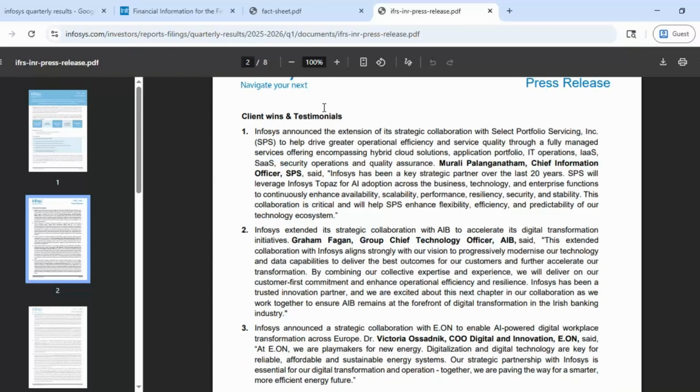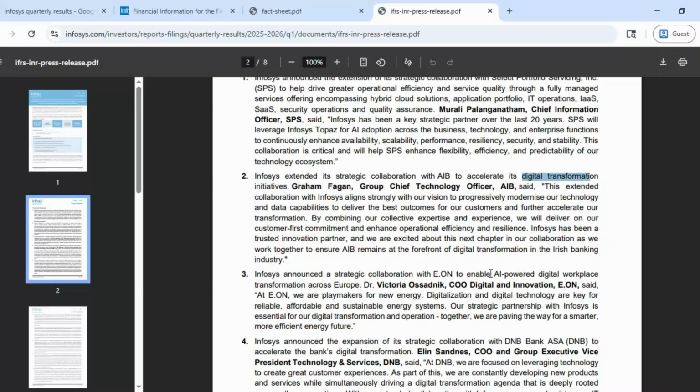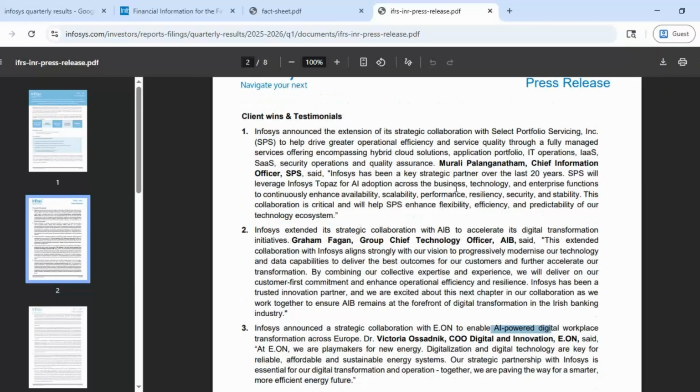Here they have client wins and testimonials. You need not read everything, just skim through it. Like they mentioned digital transformation, AI powered, and strategic collaboration.